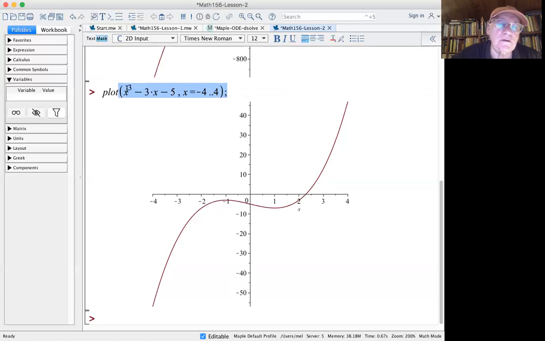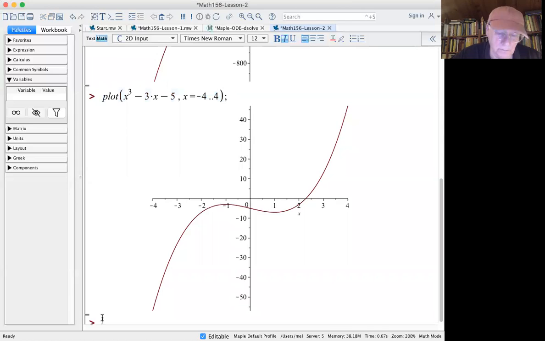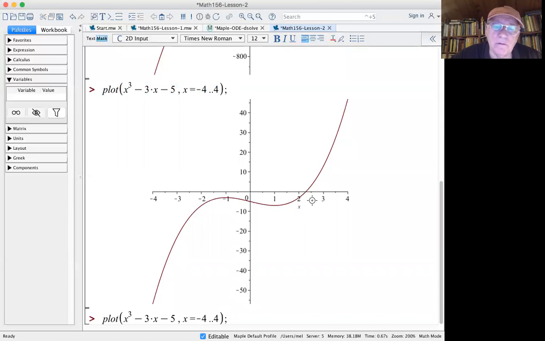So let me just copy this. And let's say, you can look at this, you see where it crosses the x-axis is between 2 and 2.5. So let's blow it up right there. So let's graph it, say, from 2.0 to 2.5.